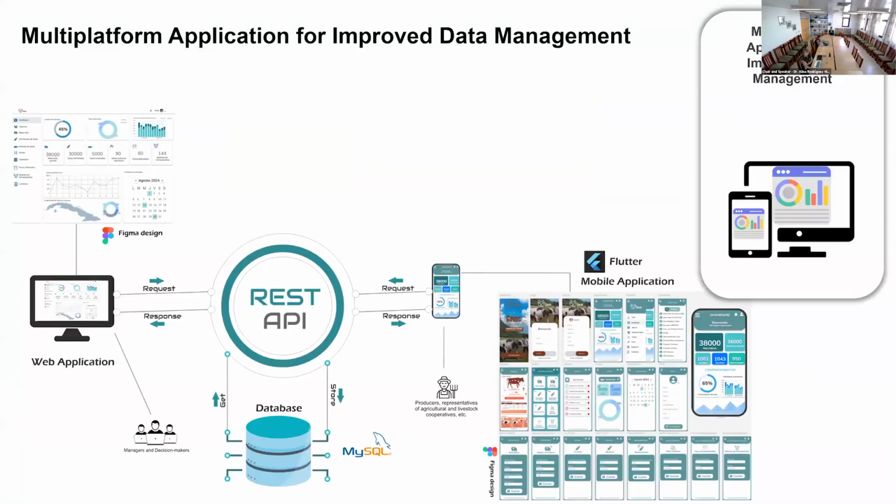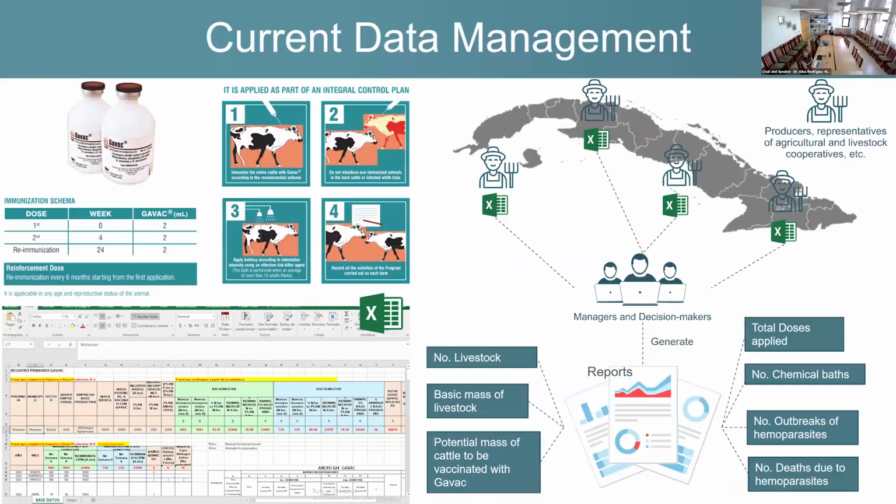Now, the third part responds to the needs of the national vaccination program to improve the data management. The current data management in the National Vaccination Program faces significant challenges. Data silos are the enemy of progress.